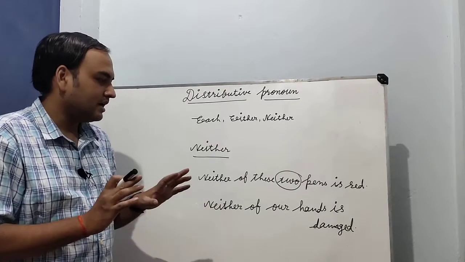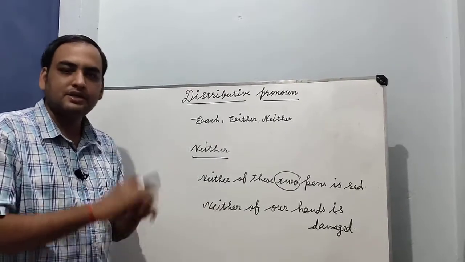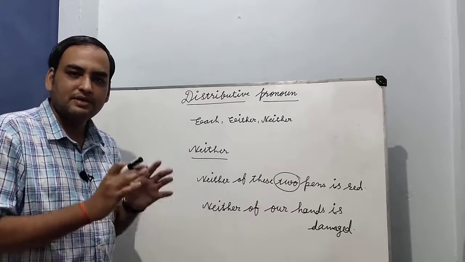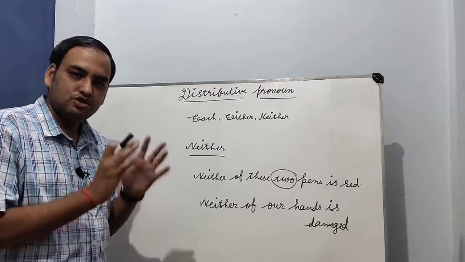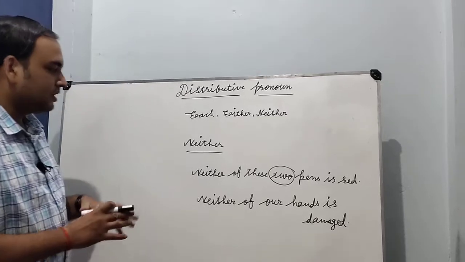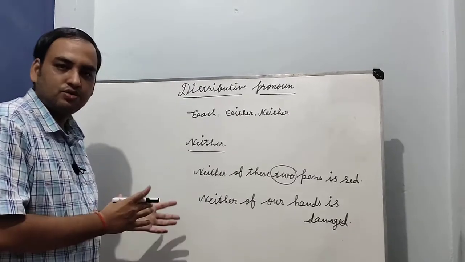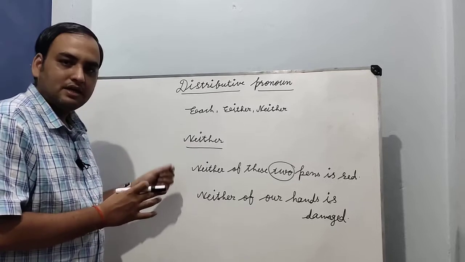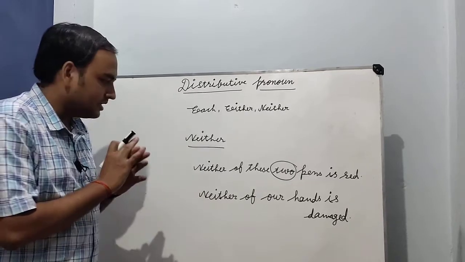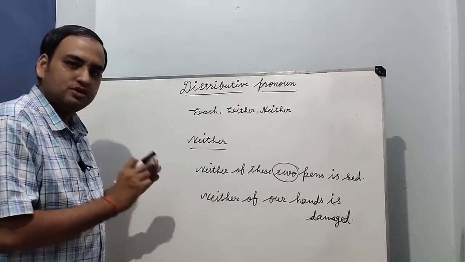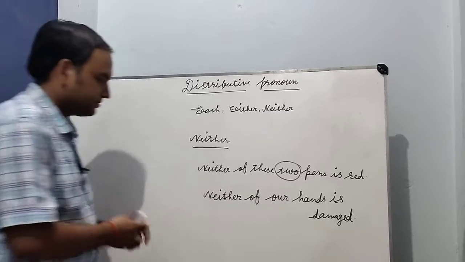Neither of our hands is damaged. It means that none of our hands is damaged. We are talking about 2 hands. So in each and every sentence, if 2 is not used, we will understand that there are 2 persons or 2 things.